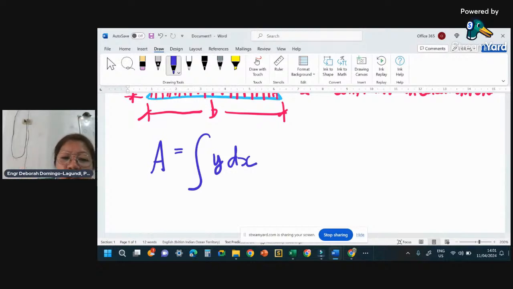But because we are using a vertical strip, the area here becomes the integral of x dy.